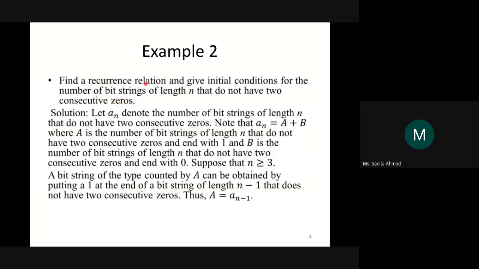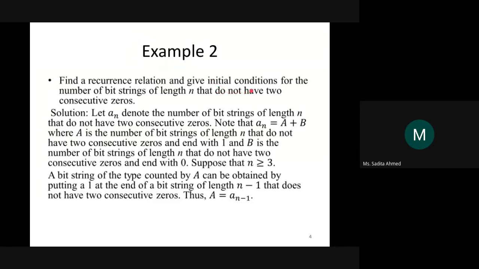This problem is more like it, because you will see that not only is the solution using a recursive algorithm, or using recurrence relation, very smart and quite easy to understand, but if you try to solve it using any other method, you will struggle a lot. This is an example of a counting problem which is actually easier to solve using recurrence relation. Why? Because of the condition: do not have two consecutive zeros.